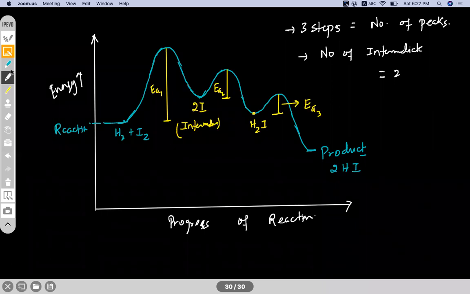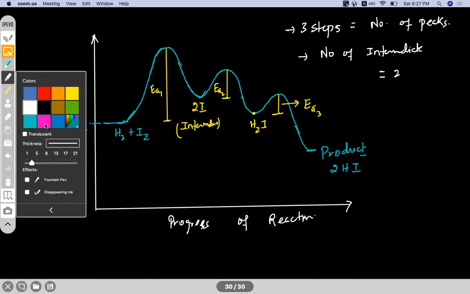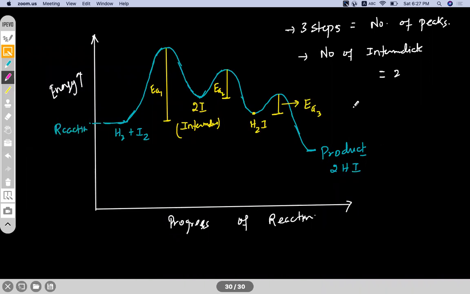One more relation you see, which is the most important one here. If you look at this relation of activation energy, K is equal to A e to the power minus EA by RT. The reaction is taking place at some temperature, temperature is not a concern here. But if I ask you, as temperature increases, what happens to K?